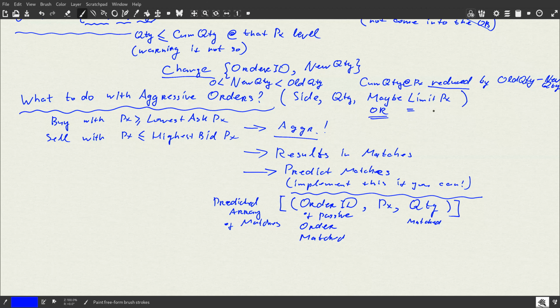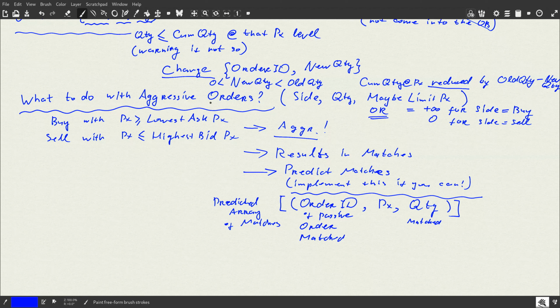The limit price is conceptually plus infinity for side equals buy. So we are buying aggressively with a potentially unlimited price. And it is equal to 0 for side sell. Okay.